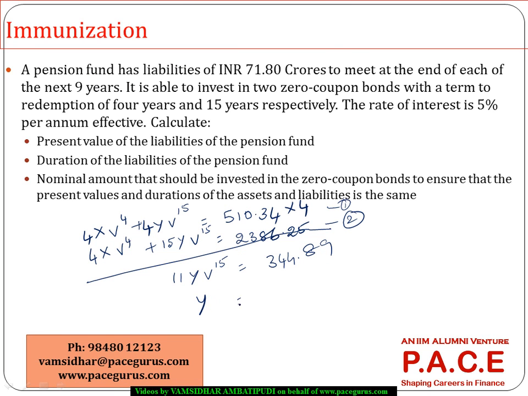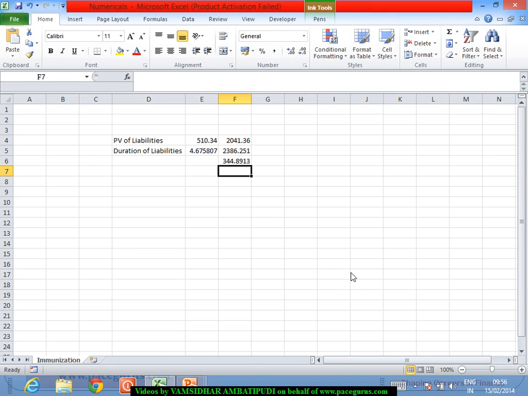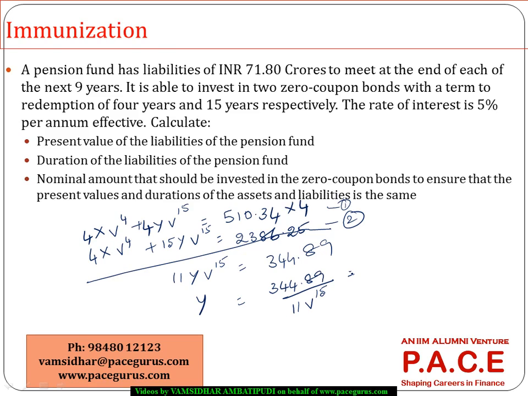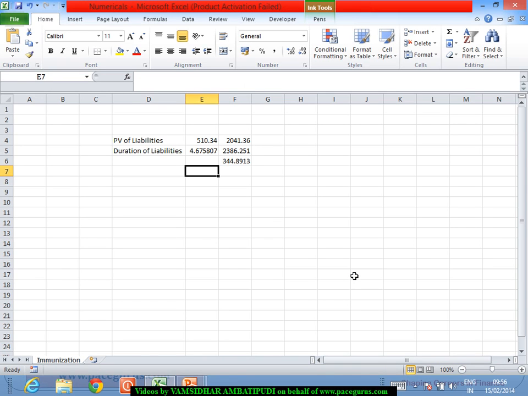So from here I can get my y as 344.89 divided by 11 v^15. So what is 11 v^15? In this case, the interest rate i is 5%, so v will be 1 by 1 plus i.